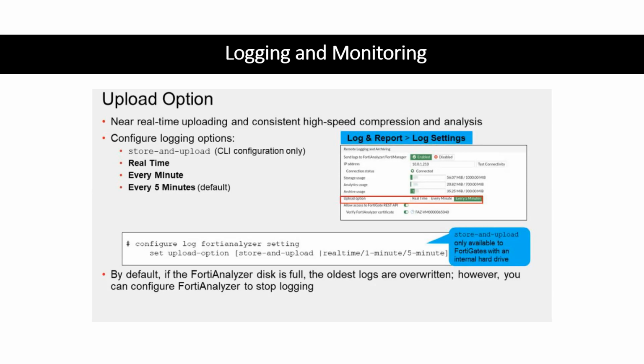You can get more granular in the CLI, but mostly in the GUI, which I love configuring. You can do real time, to send as soon as the log is processed, so those logs are sent in real time to my syslog server. Or you can say on a 60-second interval, every minute, or every 5 minutes, and they can send your logs.